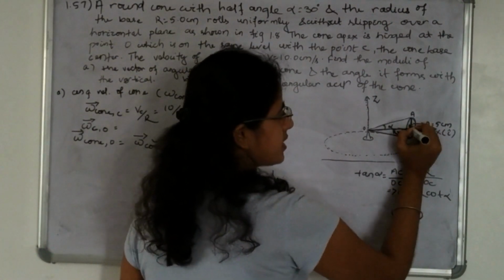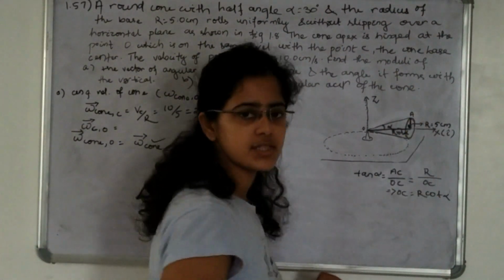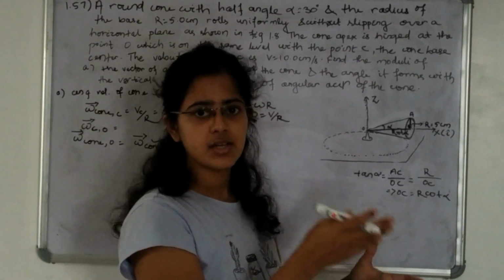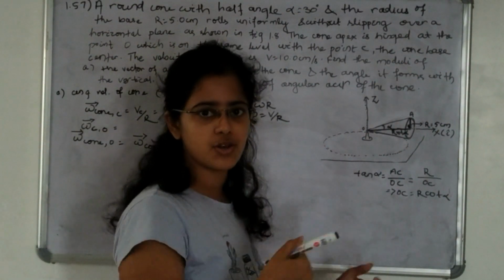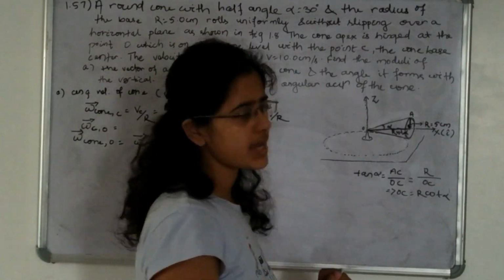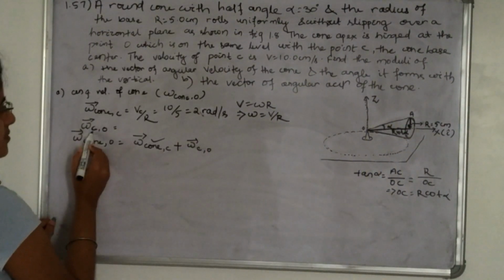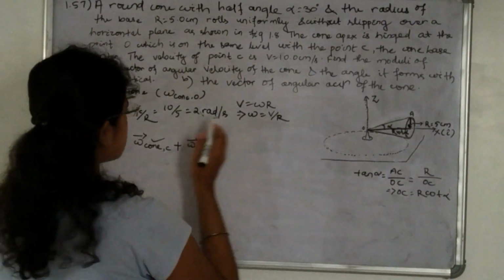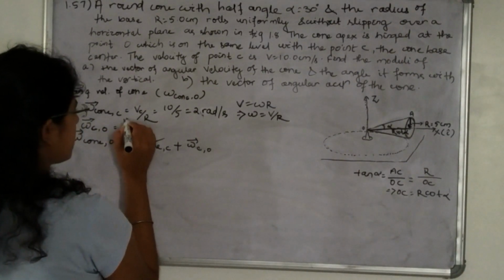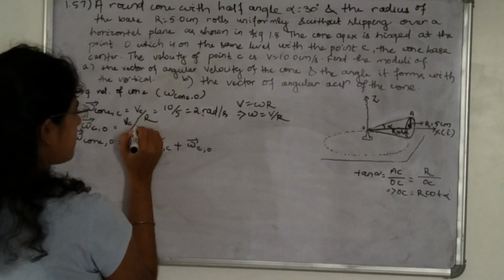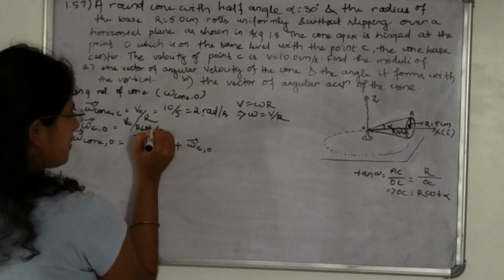That means the C point of this cone is always constant, that is the center, and the axis passing through that center is always constant for that cone. So the angular velocity of C with respect to O is how much? V of C divided by R cot alpha.